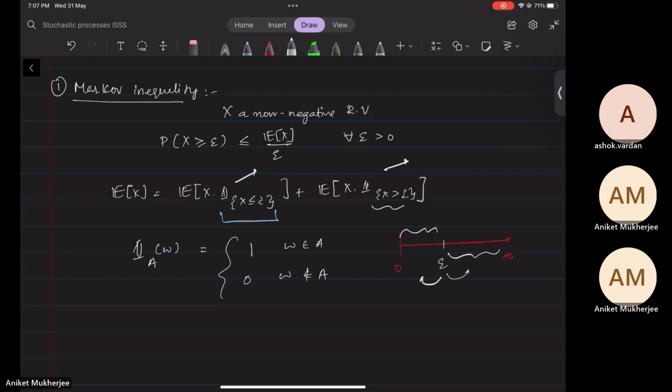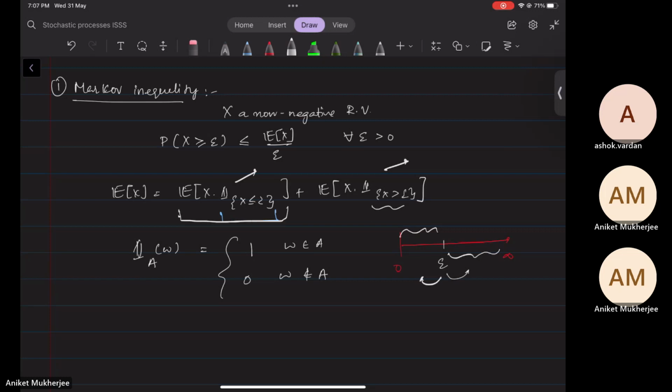Next, what I'll do is, since x is a non-negative random variable and the indicator is either 1 or 0, expectation of all positive numbers will always be positive. You can't get a negative number if you have all positive expectation.